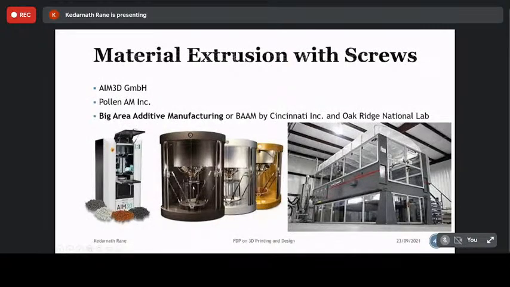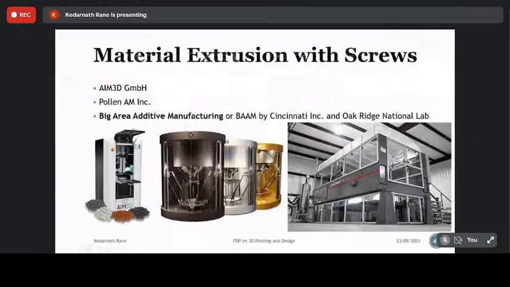There are other Delta printers available from Poland, and an American company, and Cincinnati and Oak Ridge National Laboratory. They developed the big area additive manufacturing system, BAAM. You can remember this as similar to WAM, wire arc additive manufacturing.